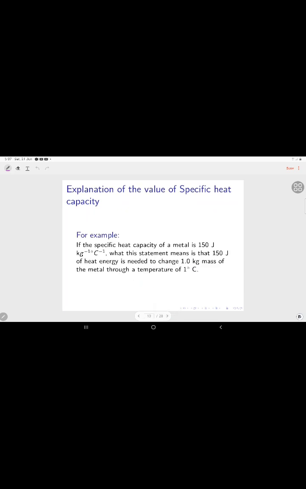Great. Now we are looking at the explanation of the value of specific heat capacity, just like we did in heat capacity. So for example, if I say that the specific heat capacity of a metal is this, what does it mean? We know that c is equal to what? Q over m times what? Theta. Okay, so it means that it's 150 joule over what? 1 kilogram times 1 degree Celsius.